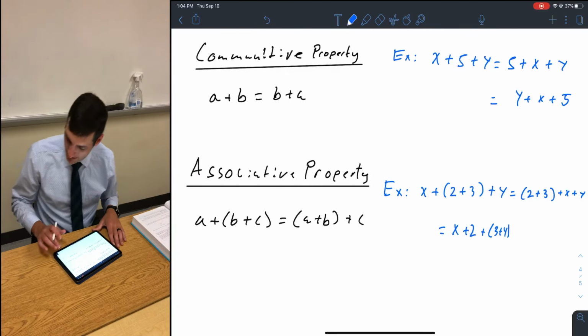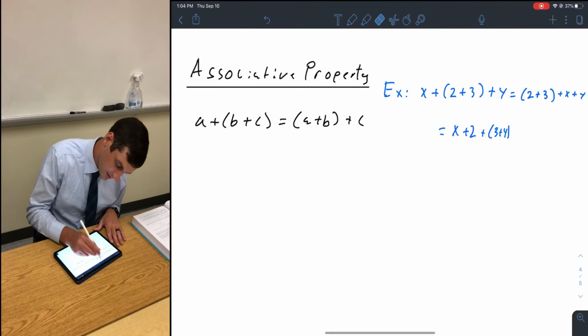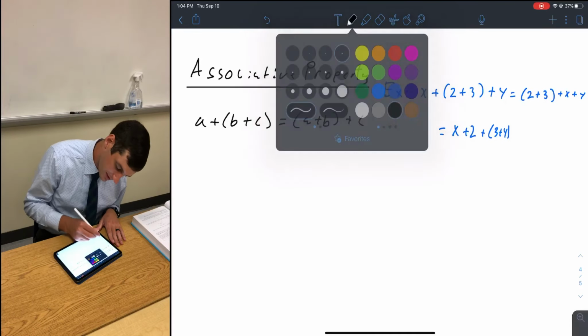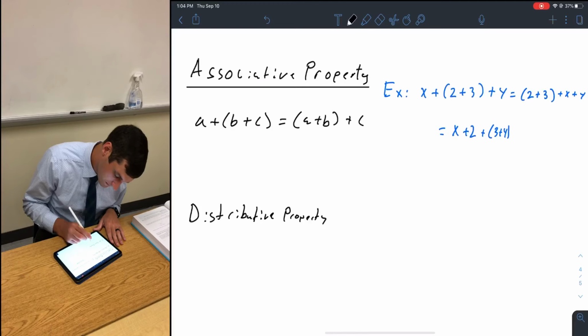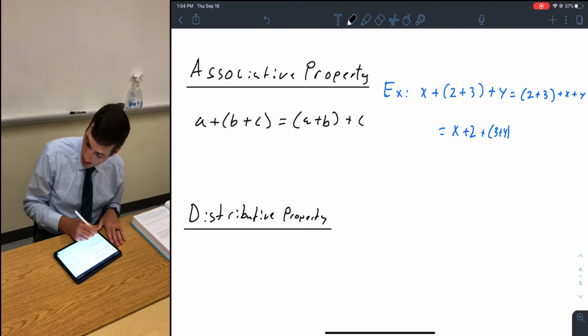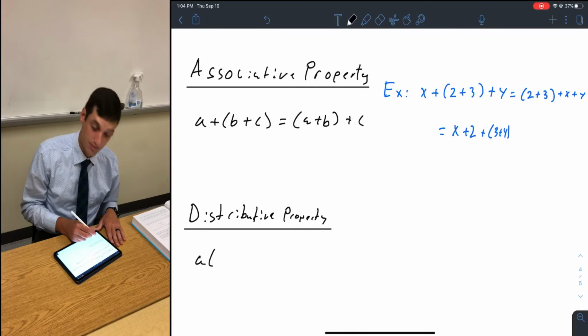Okay, so the next thing we're going to talk about, and it's everybody's favorite. Let's change the color back. It's distributive property. Distributive property is, now we're going to put in some multiplication.